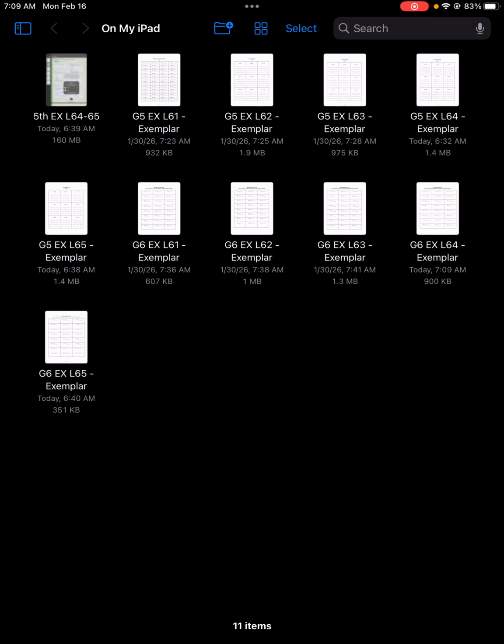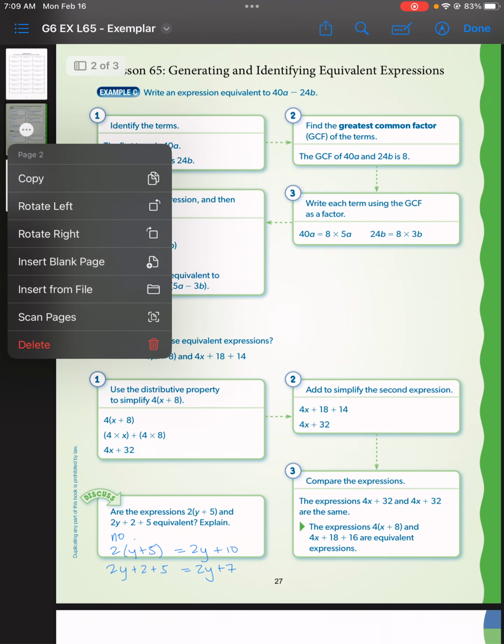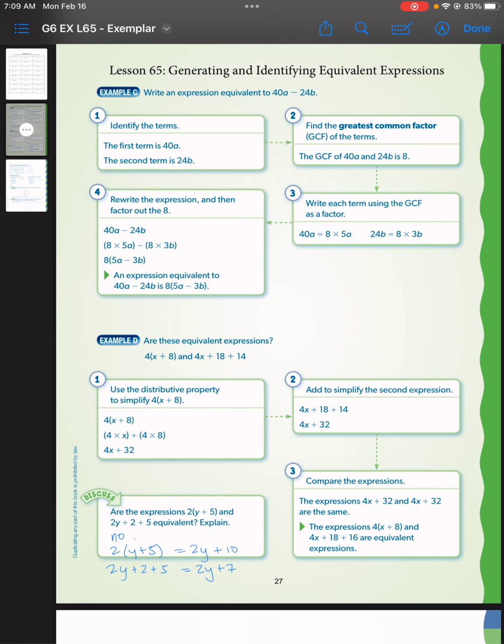Students are going to have the opportunity to continue this practice as they jump into the next lesson, where again, they're using the greatest common factor to write equivalent expressions. So we're starting with 40a minus 24b. And I have to ask myself, what is the greatest common factor of 40 and 24? It is 8.